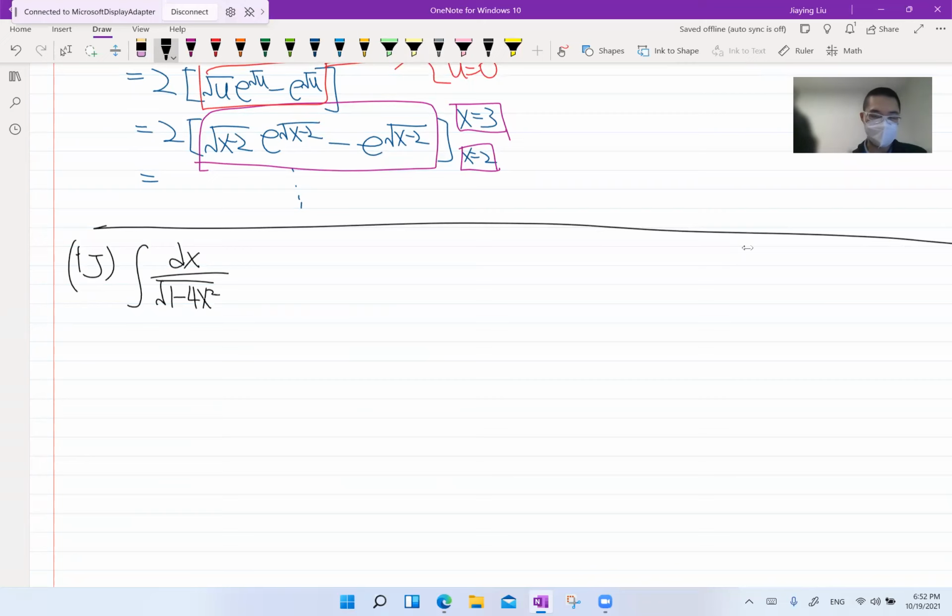If you rewrite it, it's kind of like the square root of 1 squared minus (2x) squared dx. I'm going to rewrite that. So this has a squared minus x squared in the square root, and I'm going to use trig substitution. First thing, I'm going to draw a right triangle and call this angle theta.